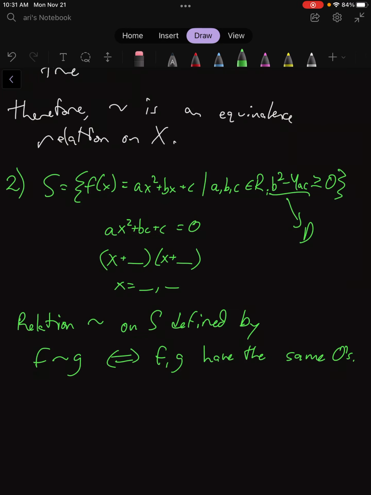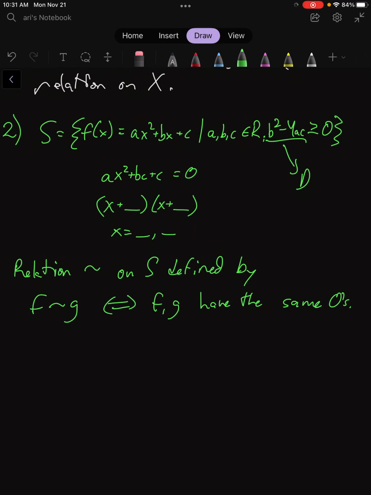So let's understand what this means in English. We have this function f of x and it equals something, and we could set it equal to 0 and find the two zeros of it. And then we have another function g that equals something, and we could take the zeros of that function, and what we're saying is if f tilde g, that means that they have the same zeros.